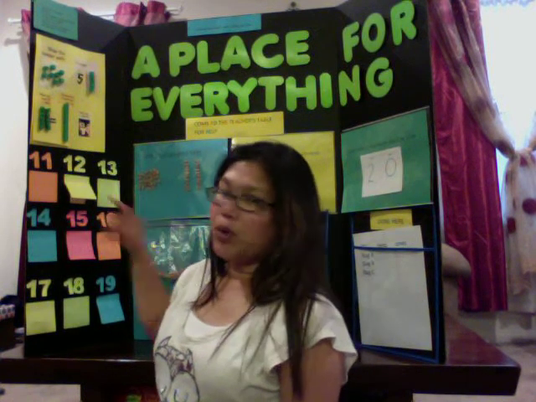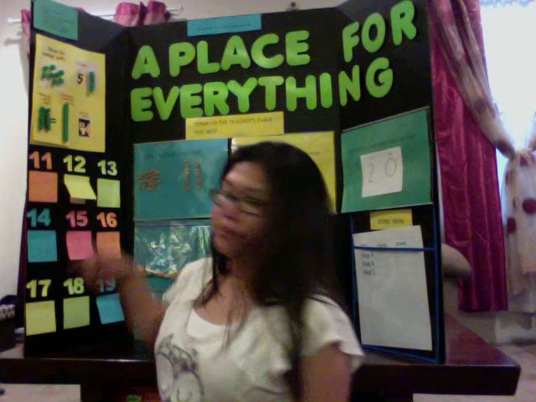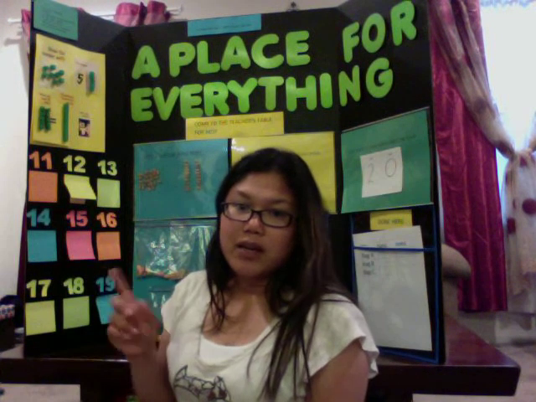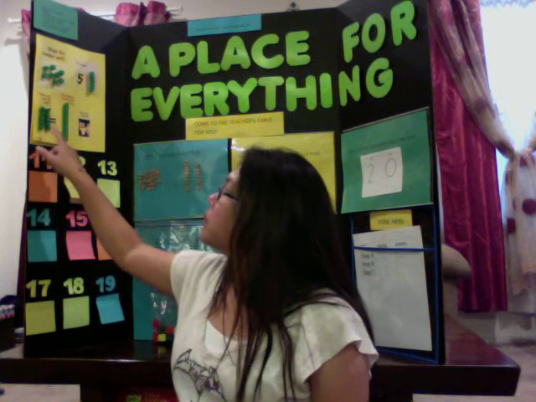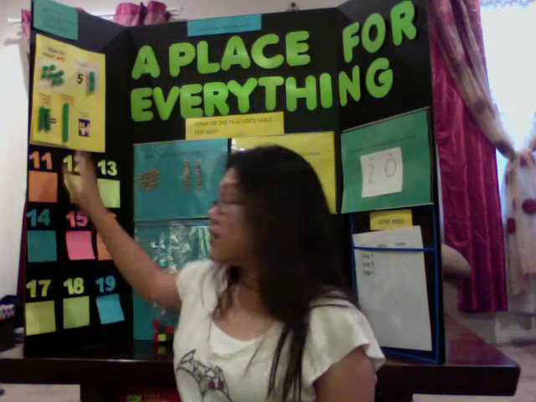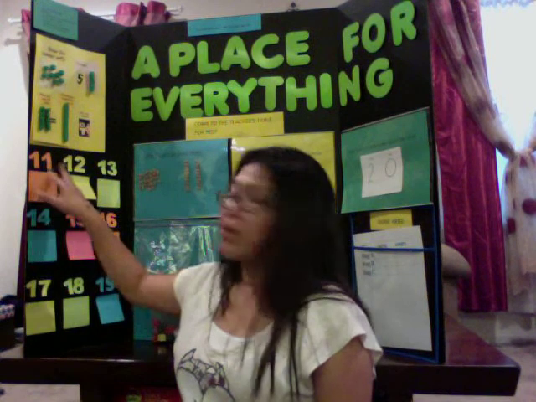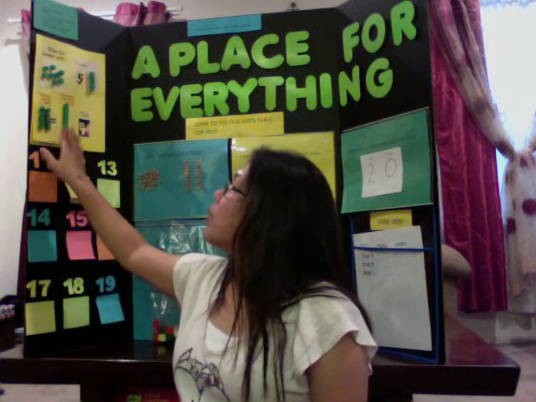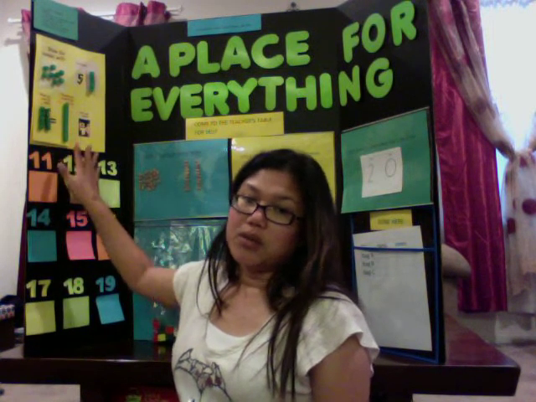And for example, the first number would be 11, and for number 11, the student would take a bunch of unit cubes and rods, and the objective would be for them to show me how the number 11 would look using these models.